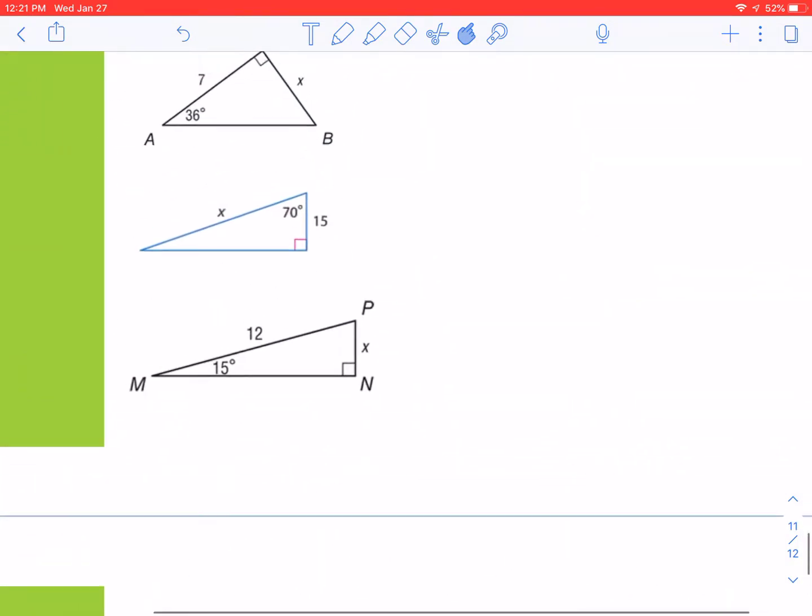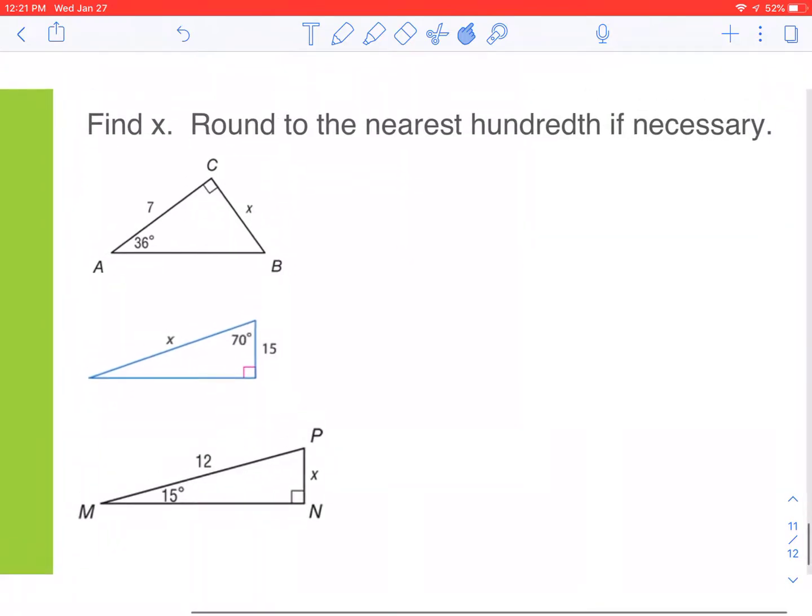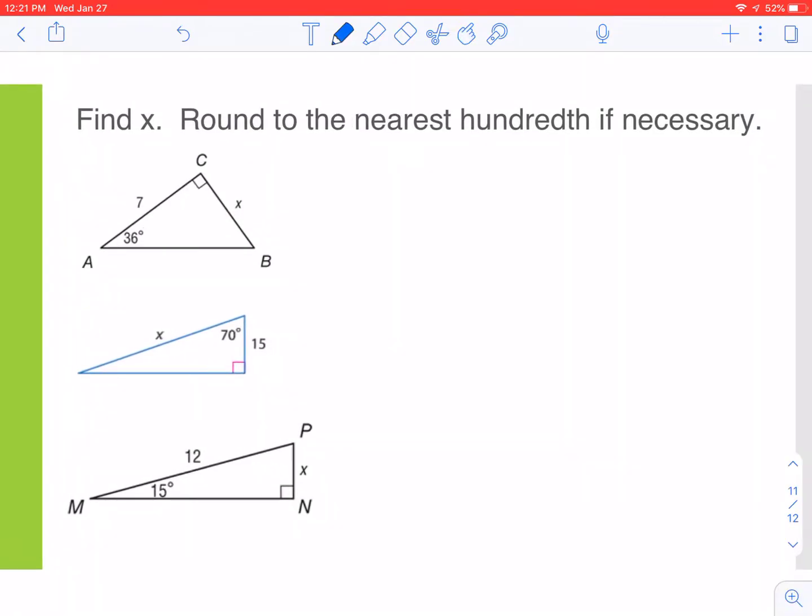Okay, here's 3 more problems. I want you guys to try these on your own. Okay, we circle. We're going to label opposite and adjacent. So, ka, toa.